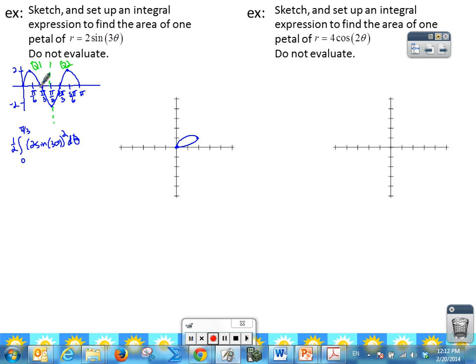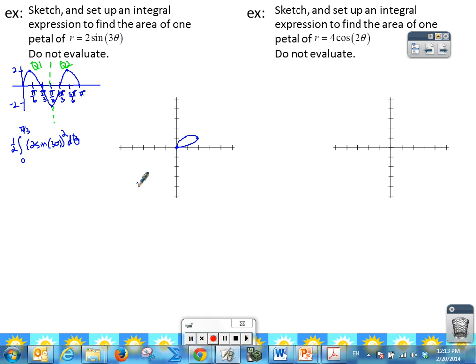I'm at pi over 3 at 0, but look where the r now is dropping below the x-axis. r is now negative. And so my angle measure is in the first quadrant, but my r measure is negative. Okay, so visualize this. My angle measure is over here, but my r measure is negative, so it puts me into the third quadrant.